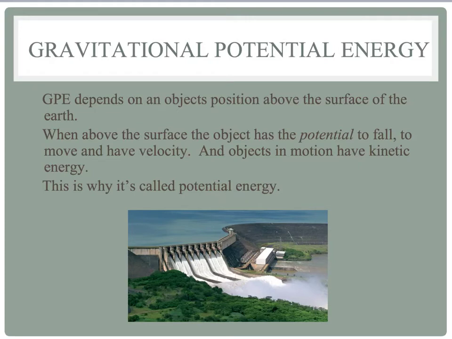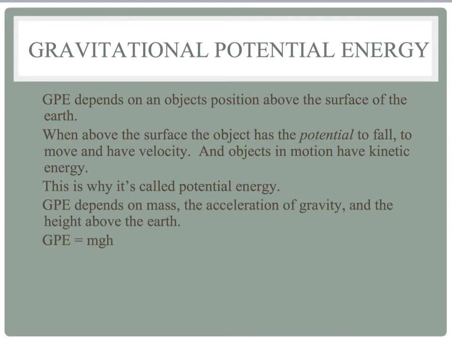Things like dams use potential energy to create energy because they hold all this water up here. They raise water to a height by not letting it flow, and then they only allow the water they want to go through, and they use its kinetic energy to create electricity.